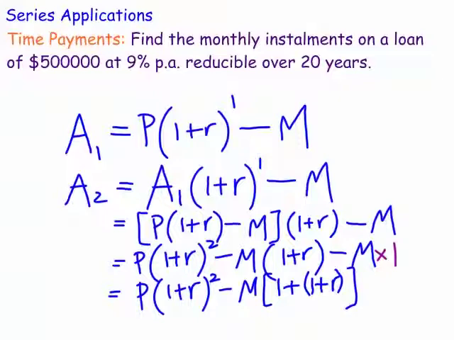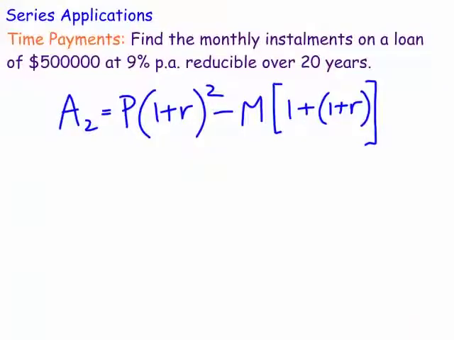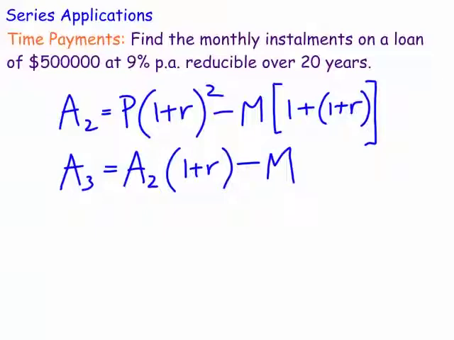So we are going to develop a formula. We're now going to look at A3, and we'll just see what A3 is. Well, what is A3, the amount owing after 3 months? Well, A3 would be the amount owing after 2 months, compounded, if you like, and then minus another monthly installment.